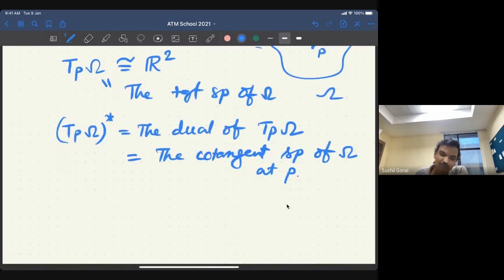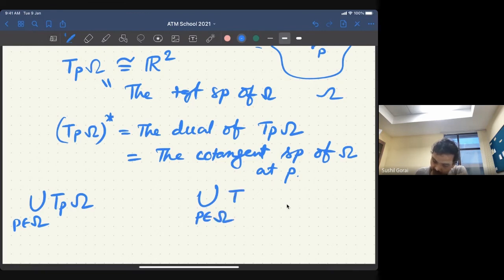Now you can consider two spaces here: the union of T_P omega, P belongs to omega, the whole thing, and similarly the union over P in omega of T_P omega star, also sometimes written T_P star omega, the cotangent space.